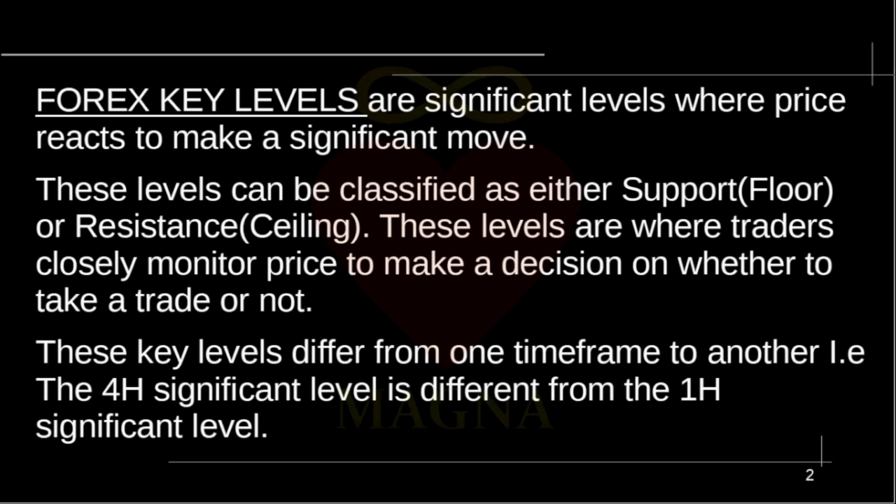These levels can be classified as either support, which can also be considered a floor, or resistance, which can also be considered a ceiling. When price gets to support, it bounces off the support to start going up. And when it finds resistance, it hits a ceiling and begins to come down.